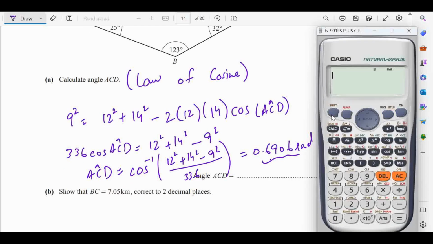For that, we need to convert it into degree form. So here we need to press 3. Now we can see that the calculator is in degree mode.